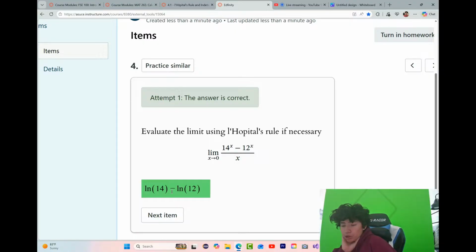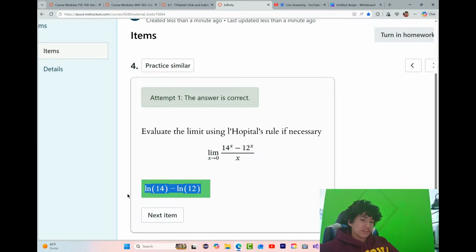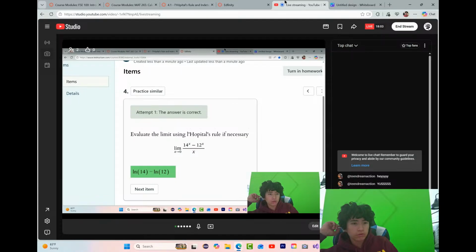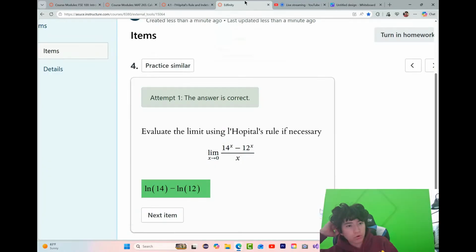So we simply applied L'Hopital's rule, and we found out that this value is the rate of change. Okay, cool.